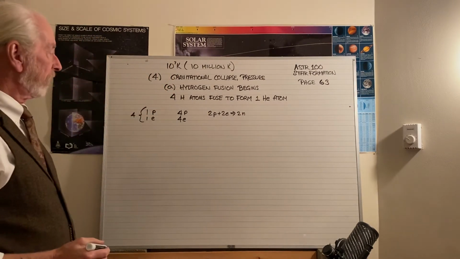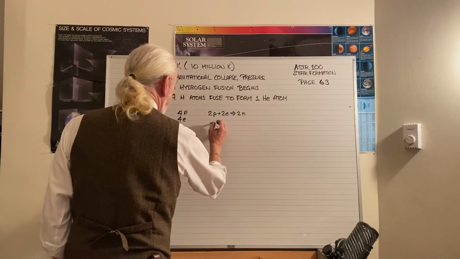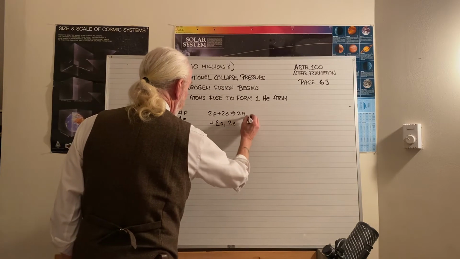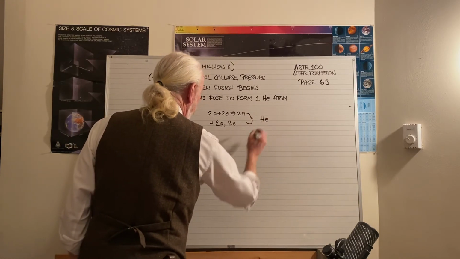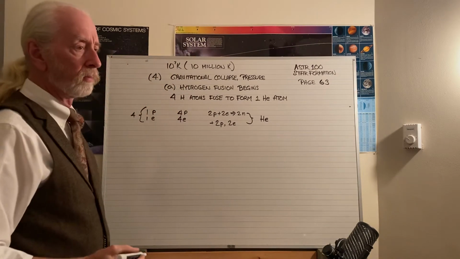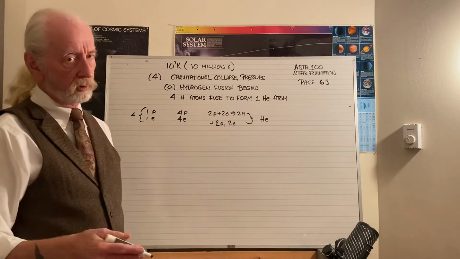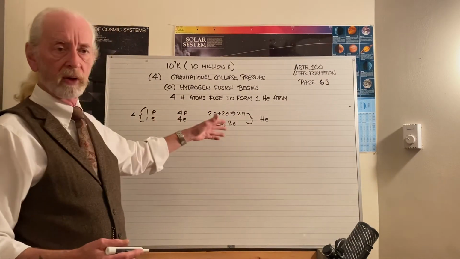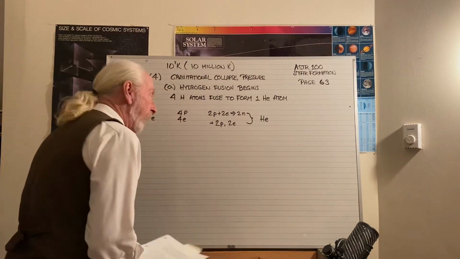And so now what you got left are 2 protons, 2 electrons, and that is a helium atom. A helium atom has 2 protons, 2 neutrons in its nucleus, plus 2 electrons. All right. And again, this is the rough and ready description of what's going on here, but we'll get into greater depth. But just understand that for now.